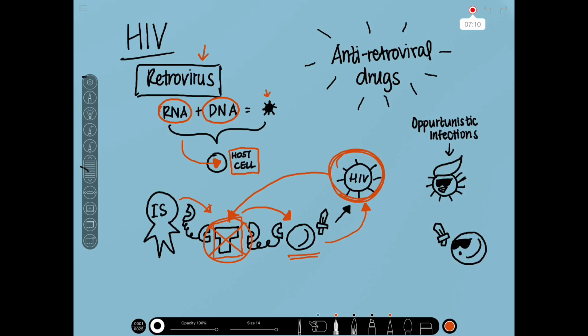Without T helper cells, they can't make and signal the antibodies to fight off the retrovirus. The rate at which the T helper cells are destroyed by HIV varies, but it can be slowed down by using antiretroviral drugs.